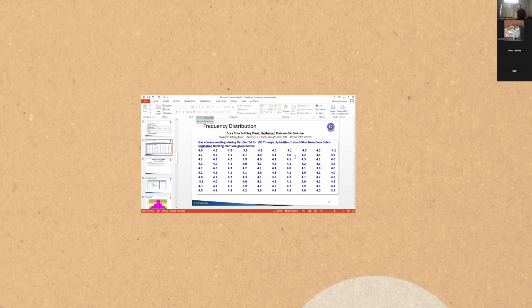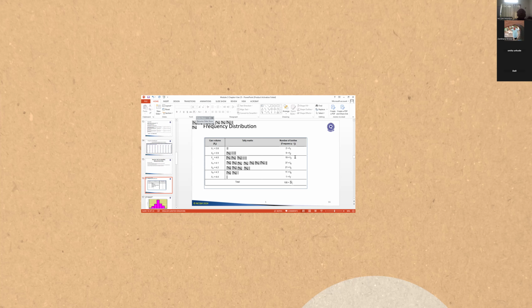So against each gas volume, what is the frequency? 3.8, 3.9, 4, 4.1, 4.2, 4.3, 4.4. Against 3.8, there are 2 bottles which had 3.8 as the gas volume.